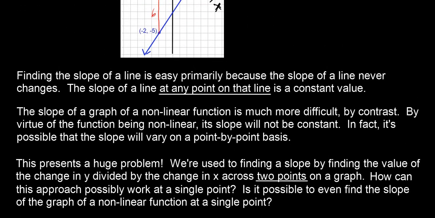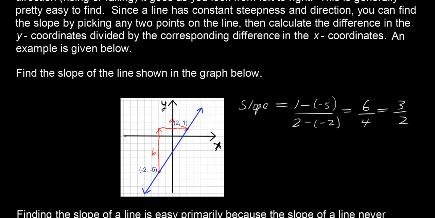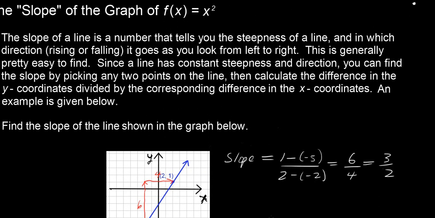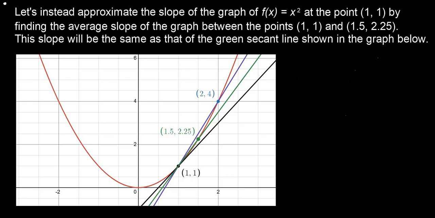Let's see, I think I've just about run out of board space. So I'm going to go back to the top and then to the right a little bit. Okay, so here we go. Once again, I have an image of the graph in red. I've kept my blue secant line on the graph, the secant line that connects the points 1, 1 and 2, 4.